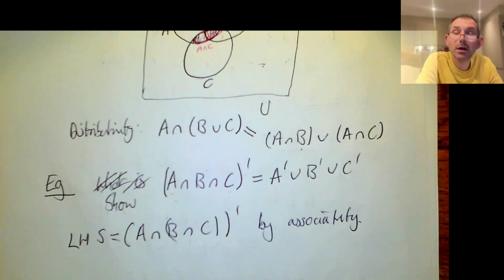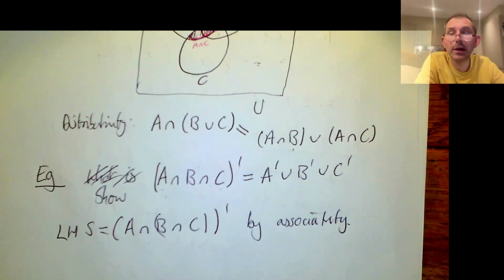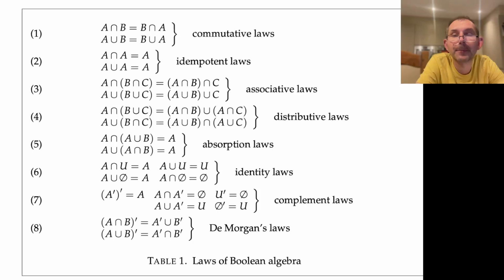And this is just by associativity. Okay, so let's now look back at the Boolean laws we've got. We've got two sets here being intersected, and then we're taking a complement. So if we go back to the Boolean laws, and we look for the first time we get something about a complement, we've got this nice property here that if you take the complement twice, you get back to yourself, and then some other properties about the complement, but we want one that involves two different sets.